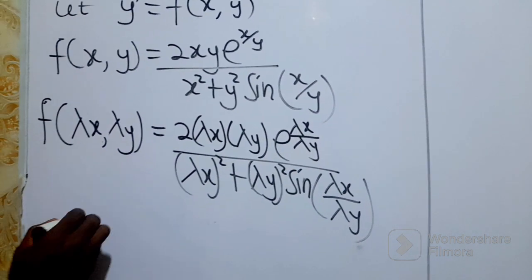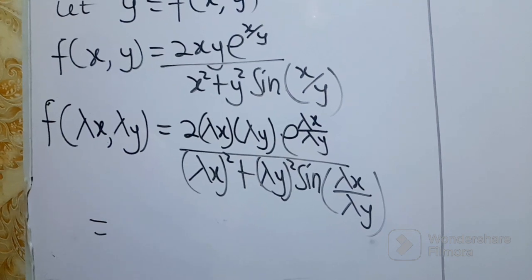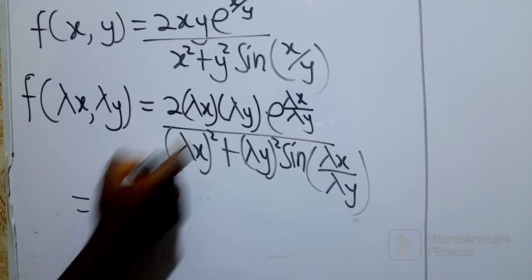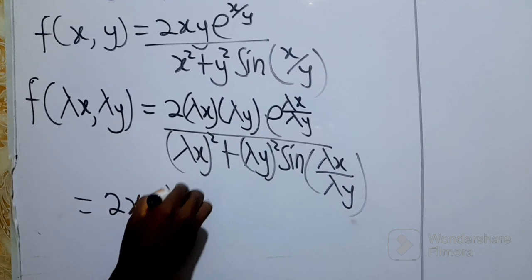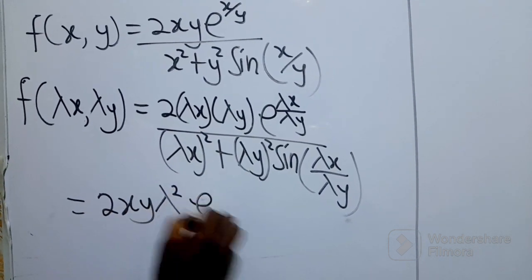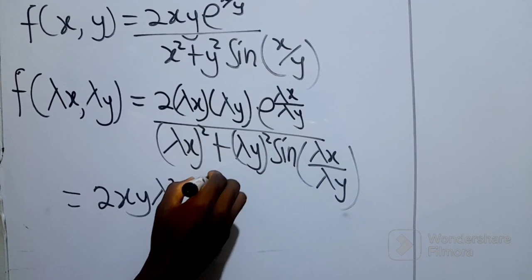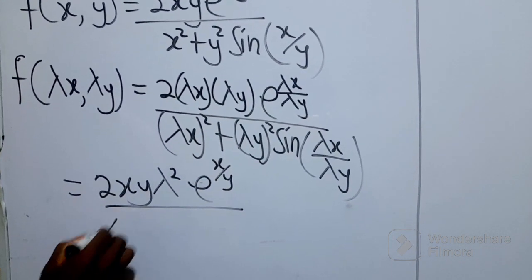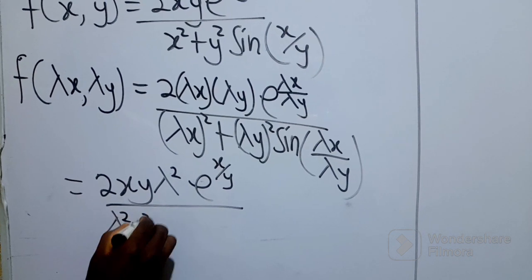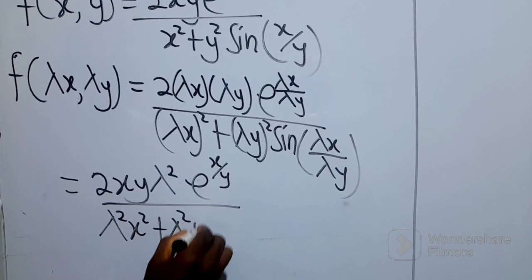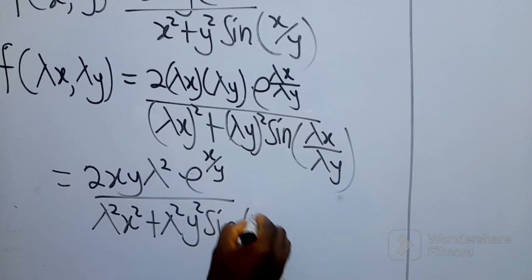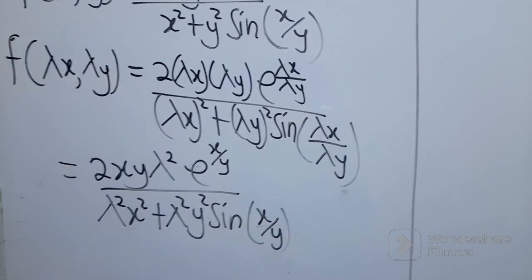So what are we having? We have 2xy for the top, lambda square. Then this lambda will divide that lambda. We have e exponent x over y all over lambda square x square plus lambda square y square. Then sine, lambda can divide lambda, we have x over y. Okay.